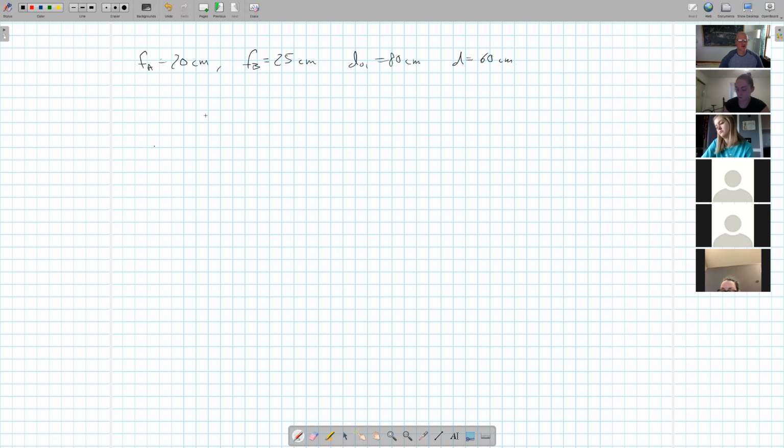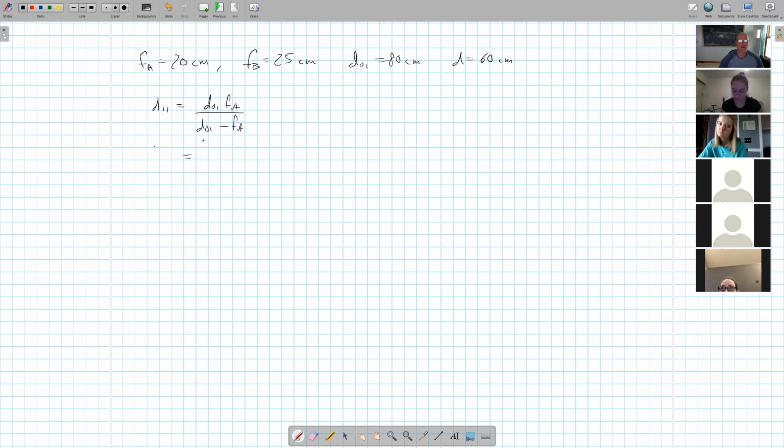Since this is two converging lenses, we can write down everything we just did. Image distance 1 is equal to object distance 1 times focal length of A divided by object distance 1 minus focal length of A.